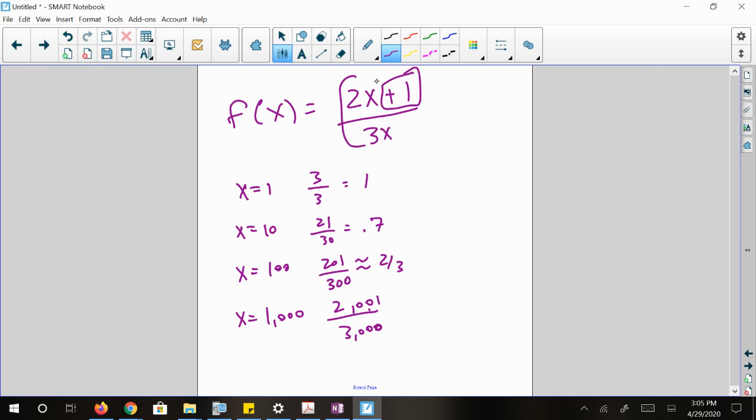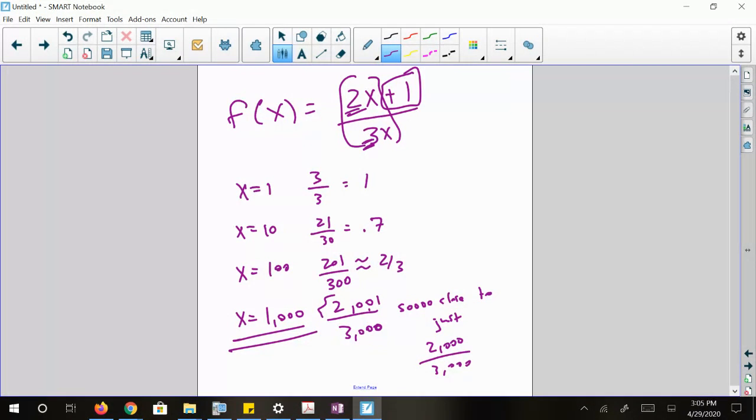Once I get to values as large as 1,000, that plus 1 is so negligible because 2001 divided by 3,000 is so close to just 2,000 divided by 3,000. Okay, and that's why as I start plugging in larger and larger numbers, my limit approaches just 2/3.